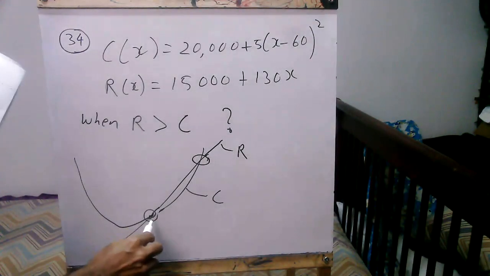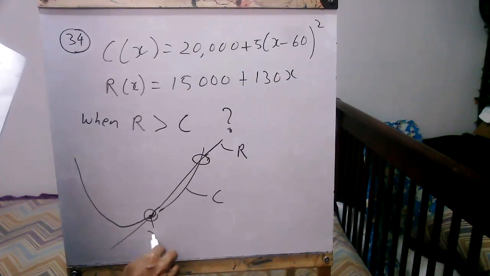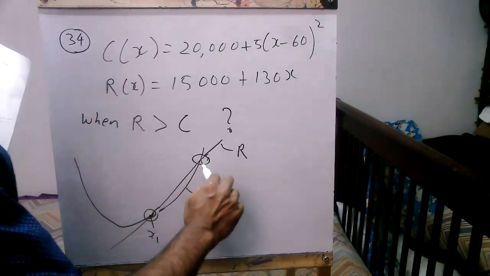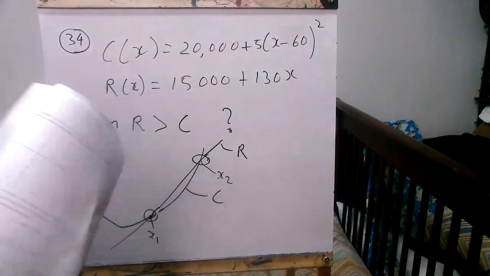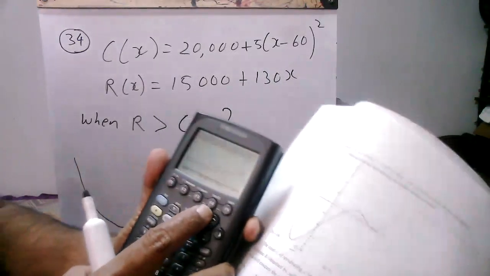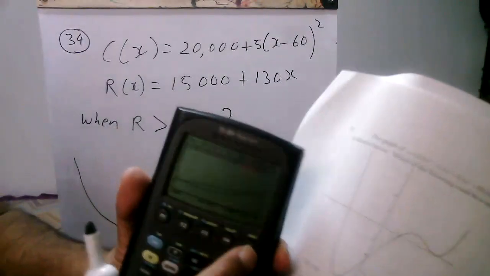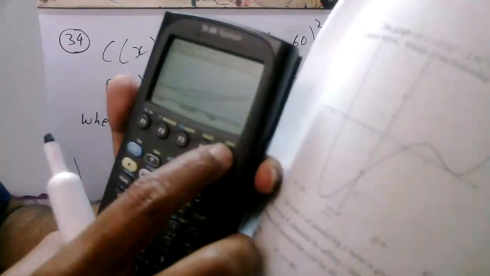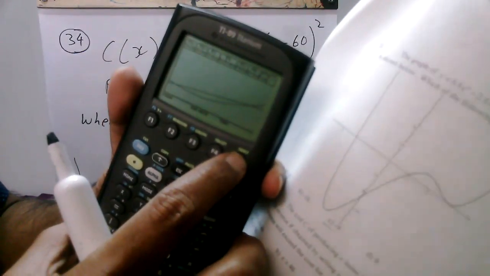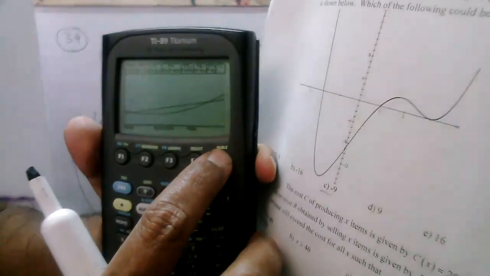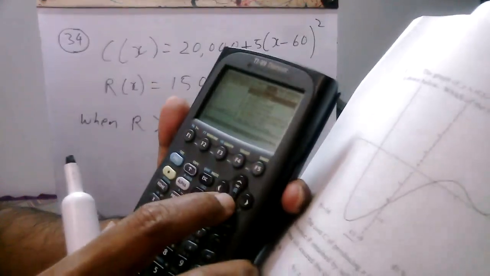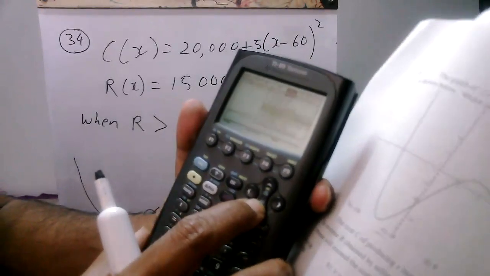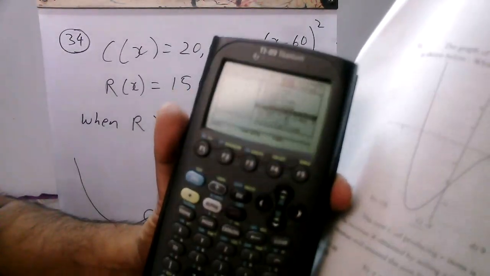Okay, once you do it, find this x1 and this x2. We discussed how to find that, right? Now, how to find that? Type F5 and go to intersection. Enter.